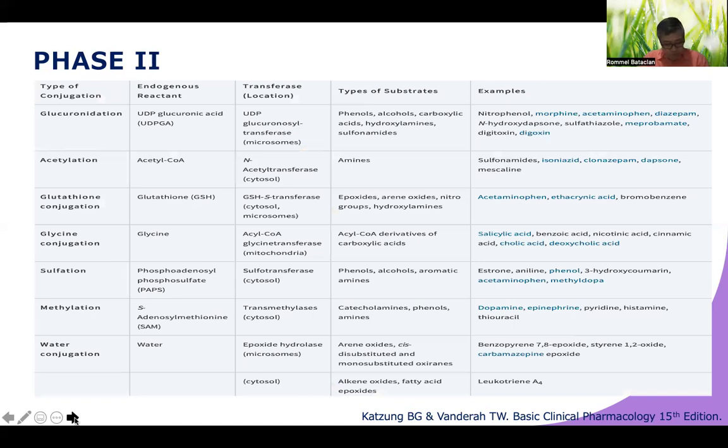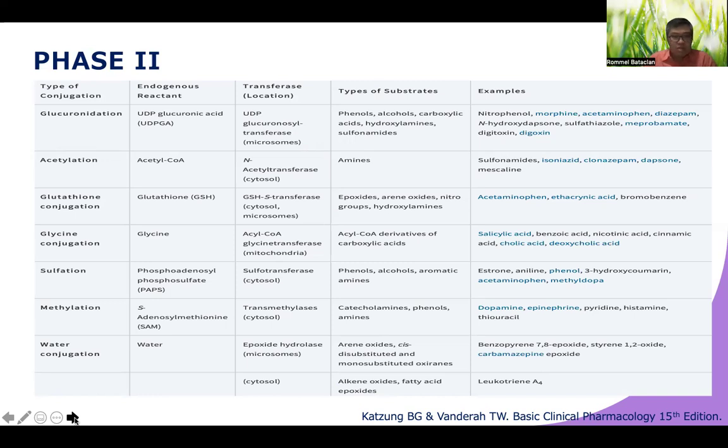So cytosolic and microsomal glutathione transferases, the GSTs, are also involved in the metabolism of drugs and other substances. Chemicals containing an aromatic amine or hydrazine moiety like isoniazid are substrates of cytosolic acetyl transferases encoded by NAT1 or NAT2 genes, which utilize acetyl-CoA as its endogenous cofactor.